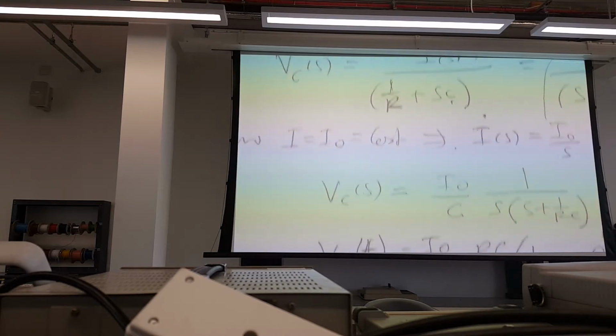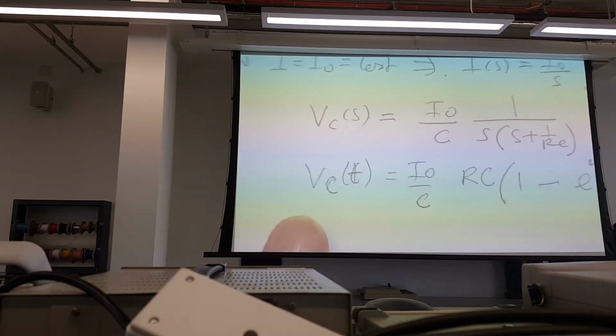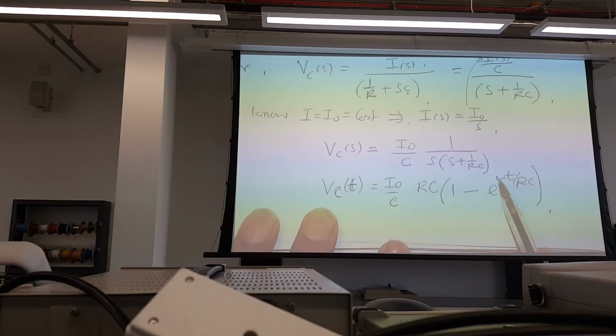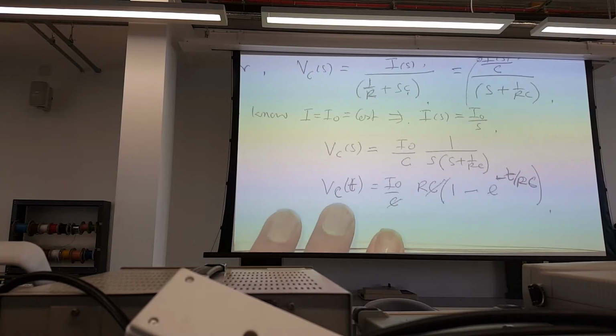And don't forget that once we've done that, go small again. So we're just using that Laplace transform. We cross that C with that C, and we get that happening. So that's what the voltage across the capacitor is going to do. It's going to do exactly what I've described there.